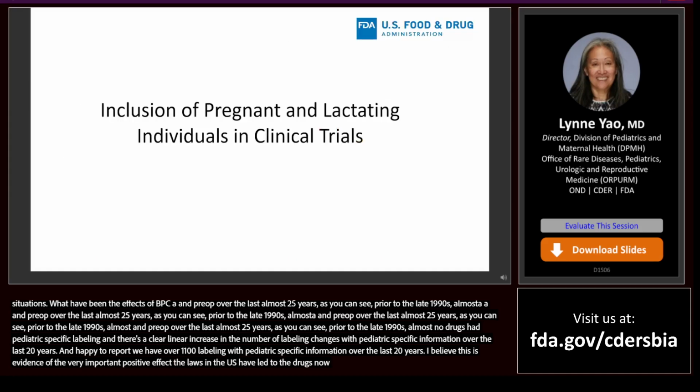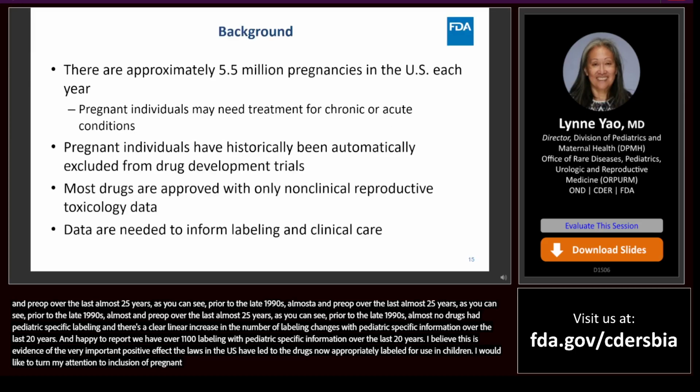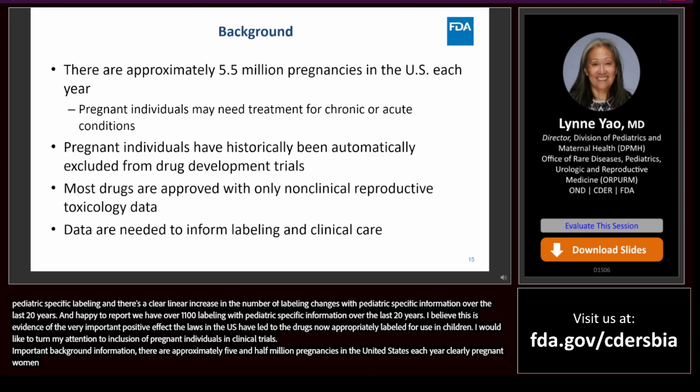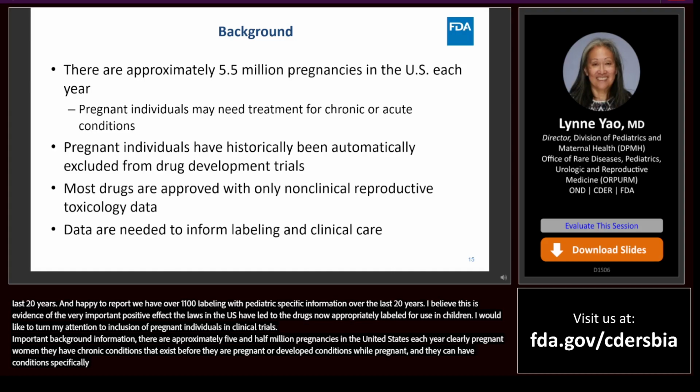Now I'd like to turn my attention to inclusion of pregnant individuals in clinical trials. Some important background information. There are approximately 5.5 million pregnancies in the United States each year, and clearly pregnant women may have chronic conditions that exist before they're pregnant, or they develop conditions while they're pregnant, and they can also have conditions specifically related to their pregnancy.